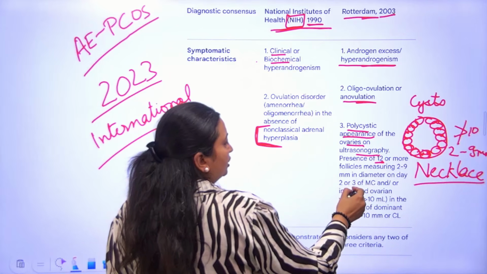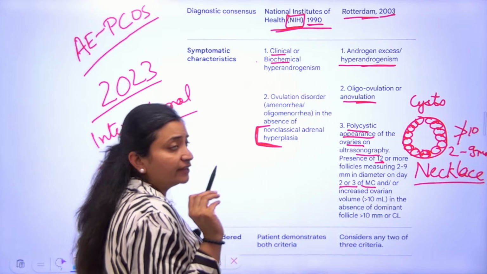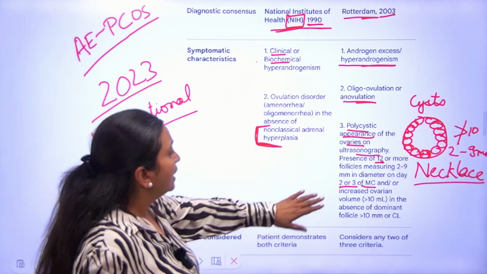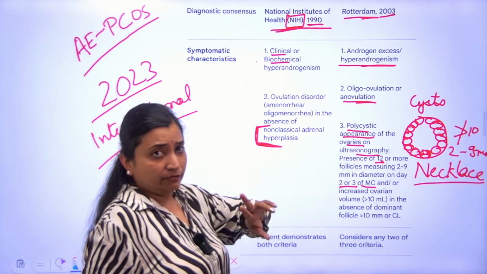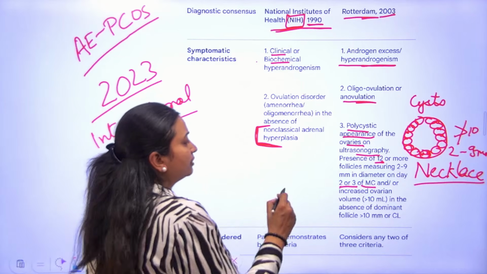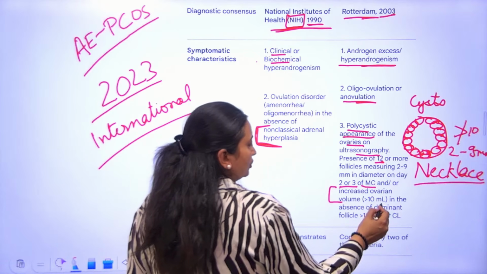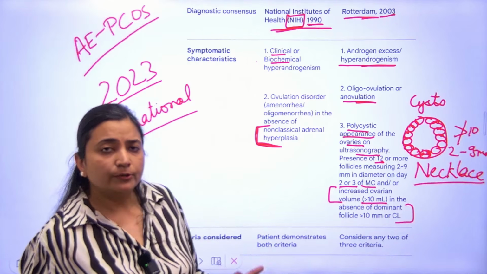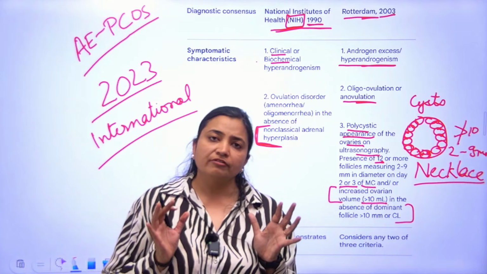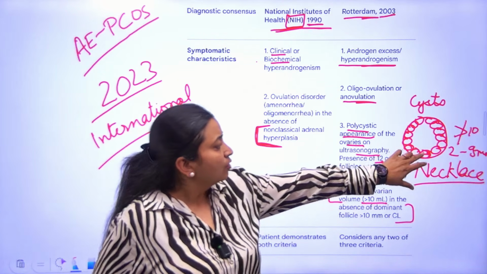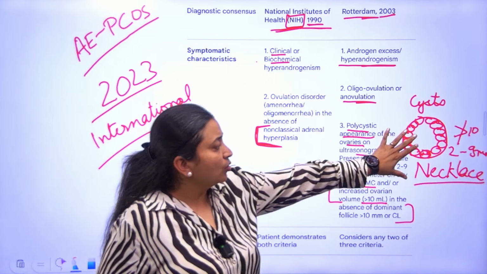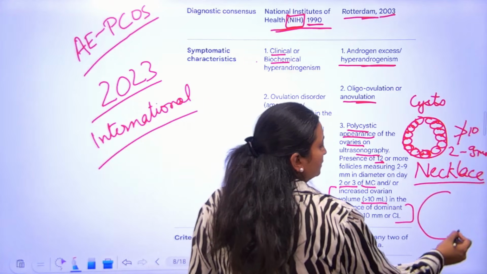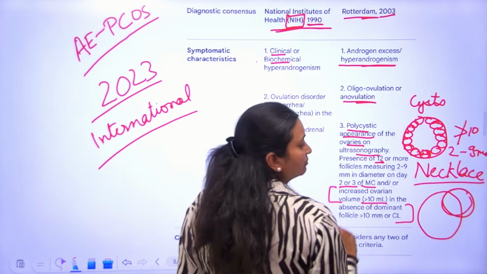On day 2 or 3 of menstrual cycle. So when did we do the sonography? On the 2nd or 3rd day of the menstrual cycle, and the follicle number cutoff was 12, and the volume of ovary was increased more than 10 ml in the absence of any dominant follicle or corpus luteum. How do we measure the volume in sonography? We take the ovary as a whole and measure the volume. But what if the patient was having some dominant follicle at the time of examination?